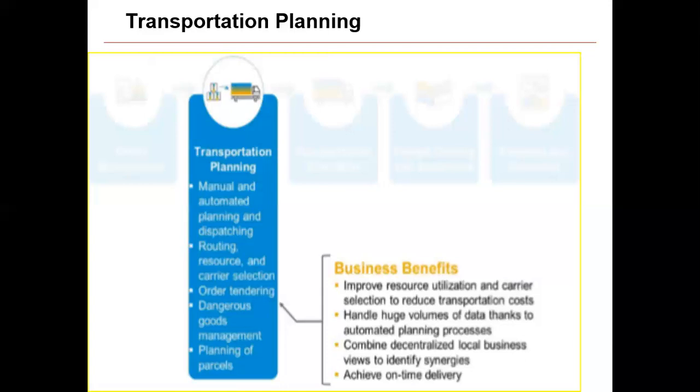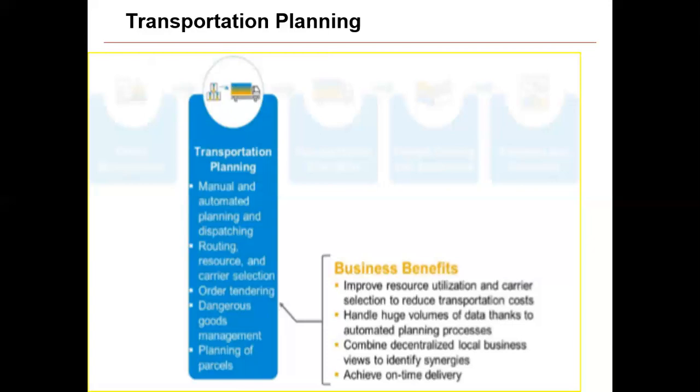Then planning of parcels. As you know, for parcels, if the weight is less than 1 kg, then we should use specific precise scheduling. This type of planning of parcels can be done, and we have different business benefits, as we can see.